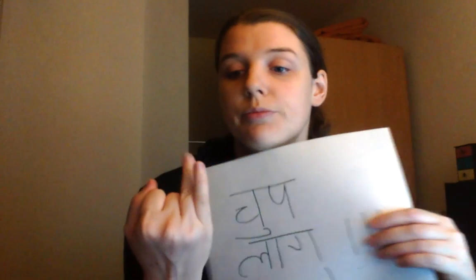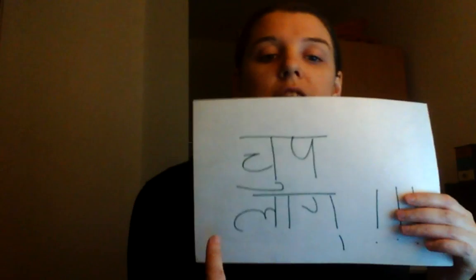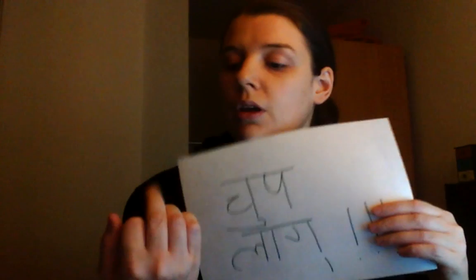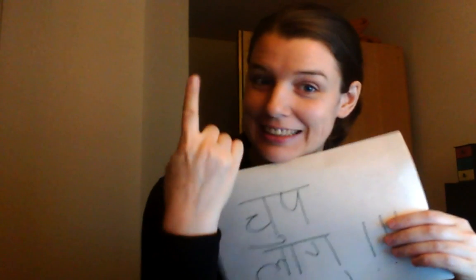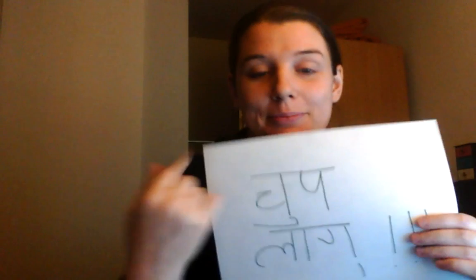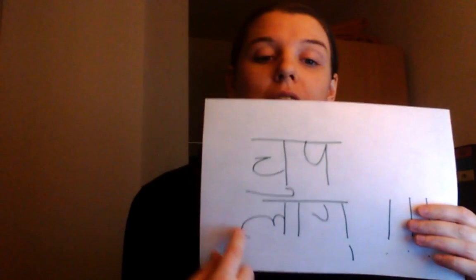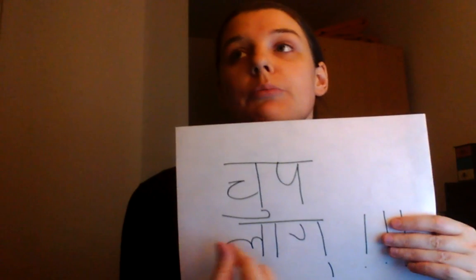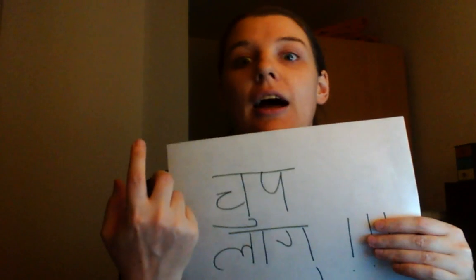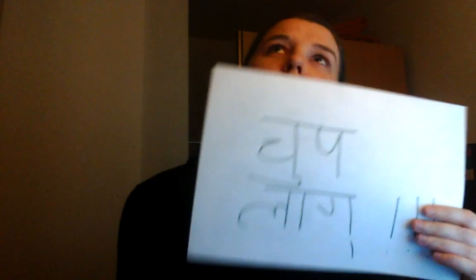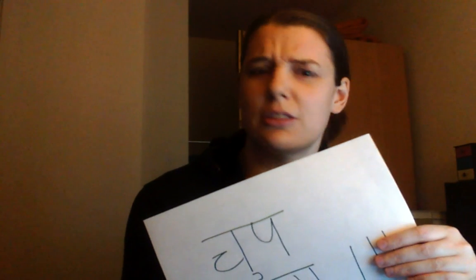You have timi, which would correlate to the imperative laga. Here you have tapai, which would correlate to the imperative lagnu or lagnuhos. And then you have hajur, which correlates to the imperative lagi baksius or something.